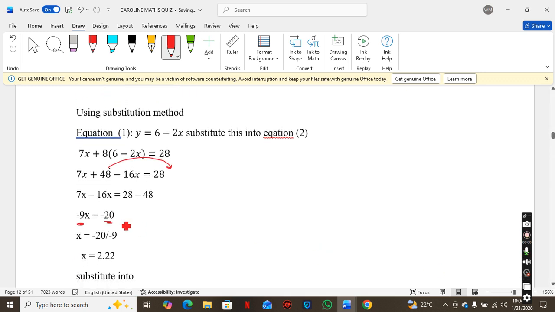To get the value of x, divide both of these negative numbers. So negative 20 divided by negative 9, you get x equals 2.22.